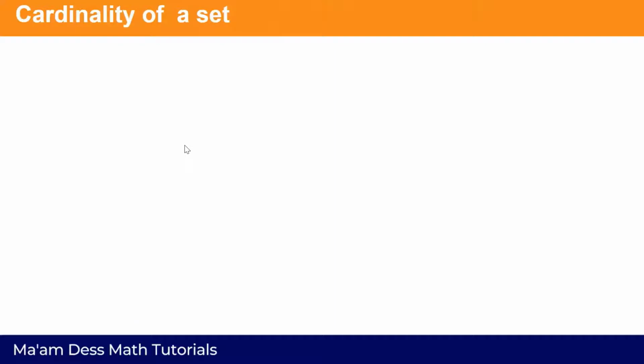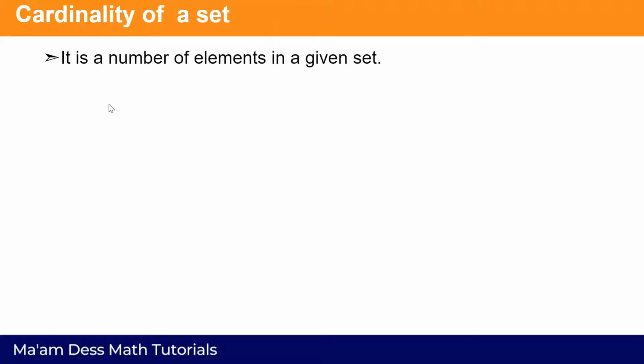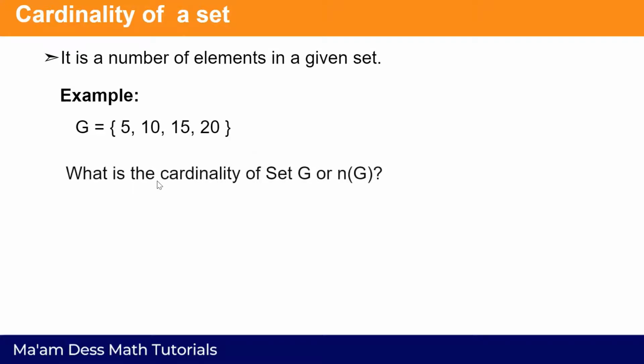Next, cardinality of a set. Ano naman po itong cardinality? It is the number of elements in a given set. Kung ilan po yung elements sa given set, we can call this cardinality. Example, set G contains 5, 10, 15, and 20. What is the cardinality of set G? Ito po yung symbol natin for cardinality.